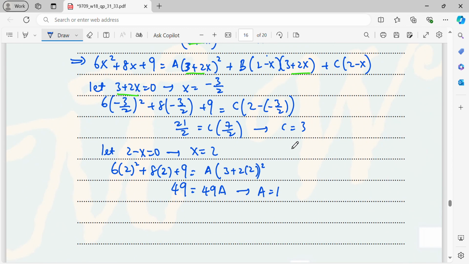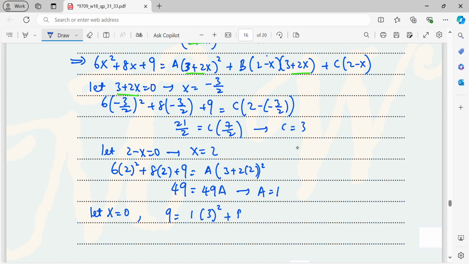Now we have used up all the linear factors on the right side. So to find another unknown, just let x be any number. Let's say x be 0. So left hand side is 9. Right hand side I will get A times, okay, the A is replaced by 1, then 3 squared.